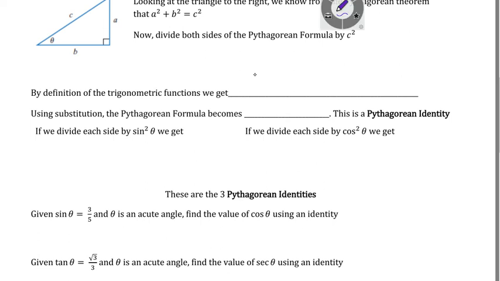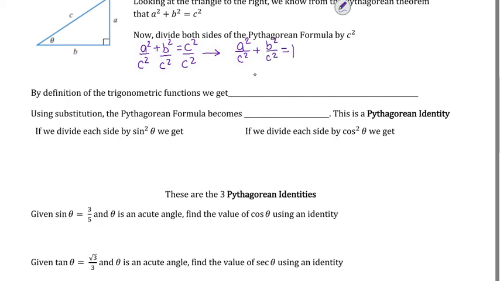We're going to take that Pythagorean formula, a squared plus b squared equals c squared, and we want to divide everything by c squared. And that gives us a squared divided by c squared plus b squared divided by c squared equals 1.